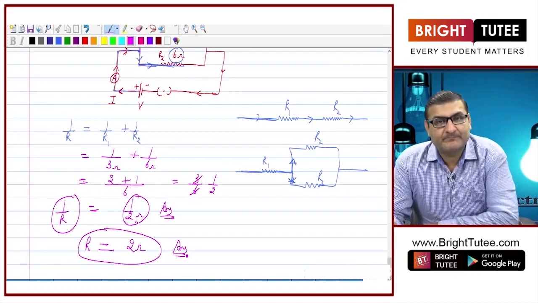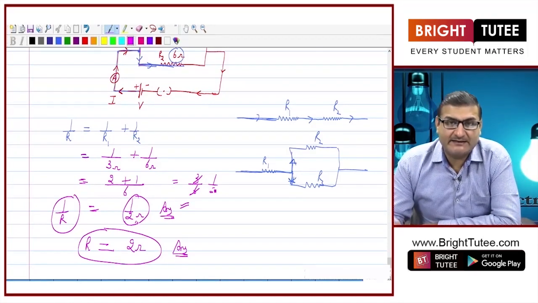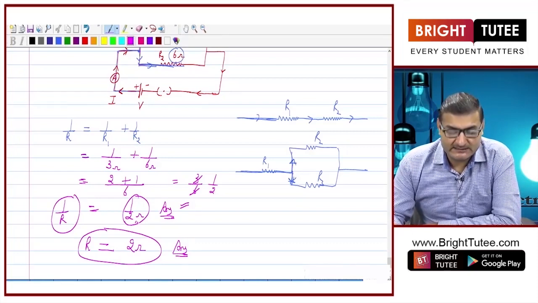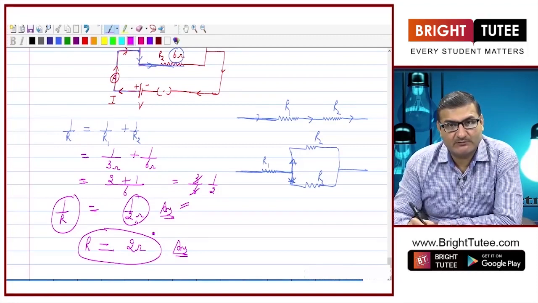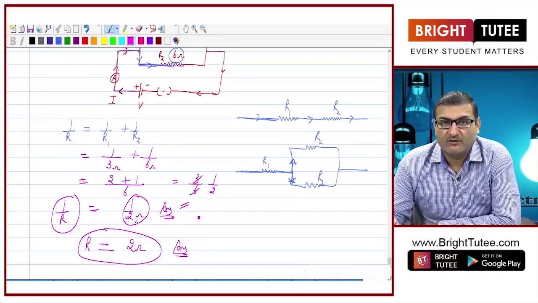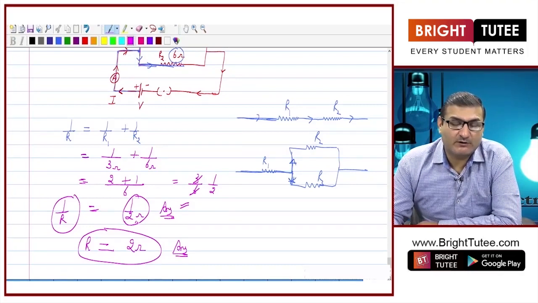Got it? I have seen many times the students just put in the formula, is equal to, is equal to, and this is our answer. No. Always make sure that you are observing and checking what you are calculating.